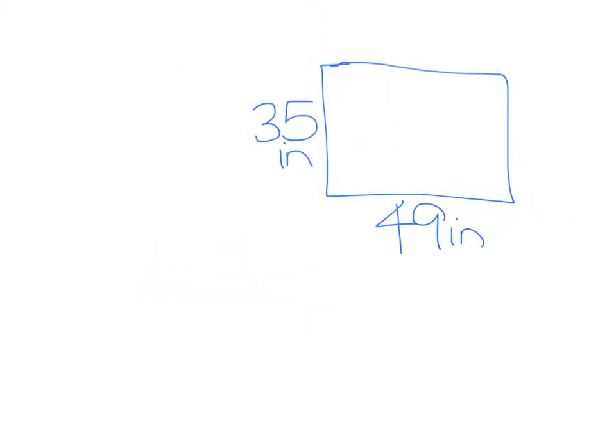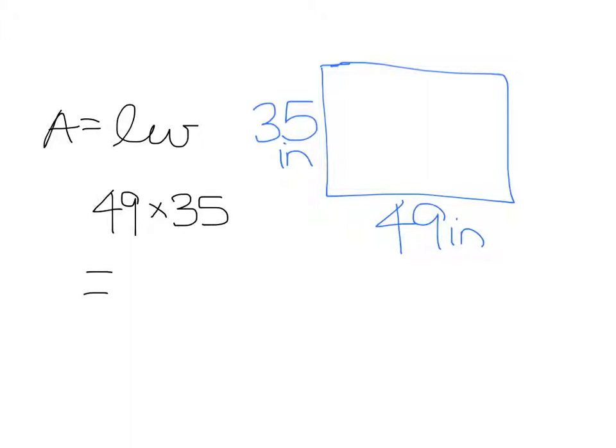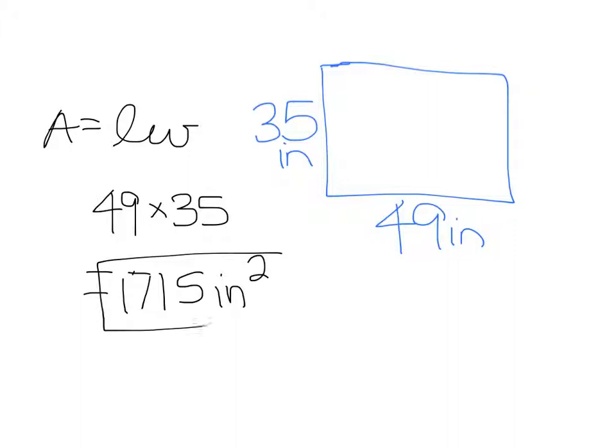So let's look at this example here. The length is 49 and the width is 35. So you have area equals length times width, where the length is your 49, the width is your 35, and when you multiply those together, you get 1,715 inches, and we square the inches for area.